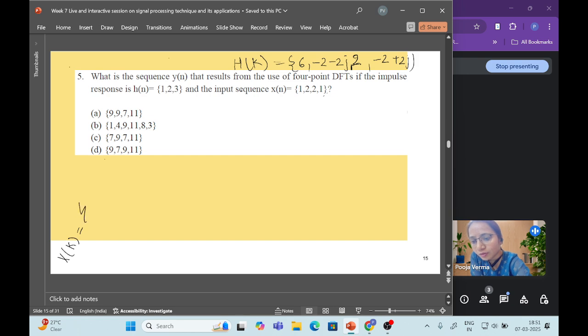The x of k is equal to summation n will vary 0 to n minus 1 x of n e to the power minus j 2 pi by n k n.